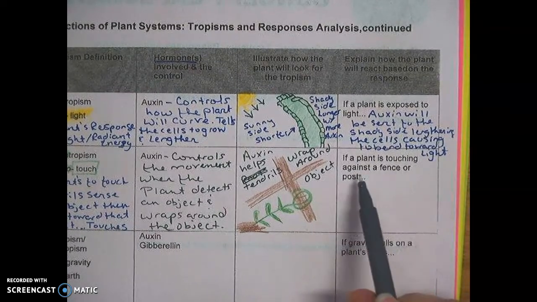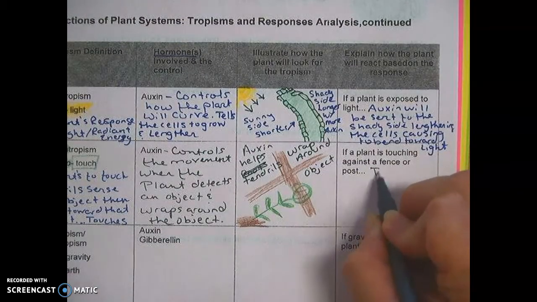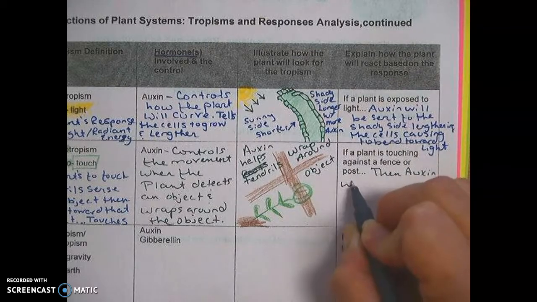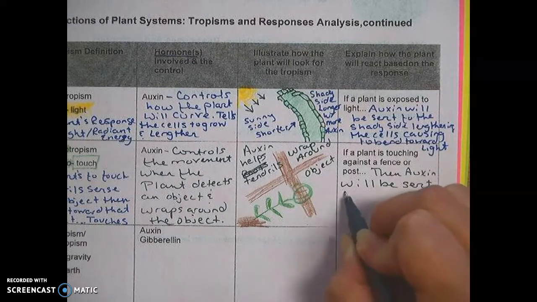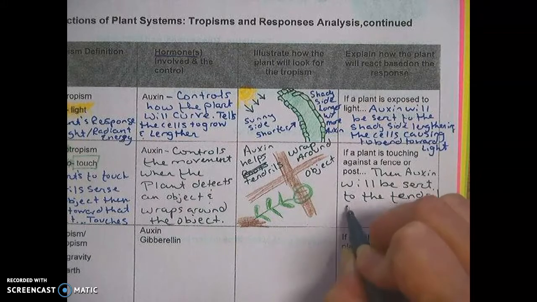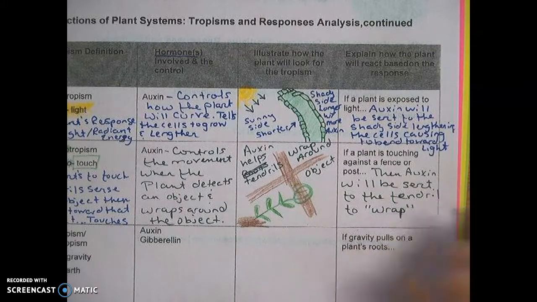If a plant is touching against a fence or post, then auxin will be sent to the tendril to wrap. It helps with that movement.